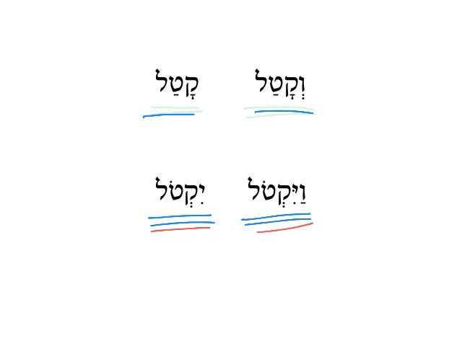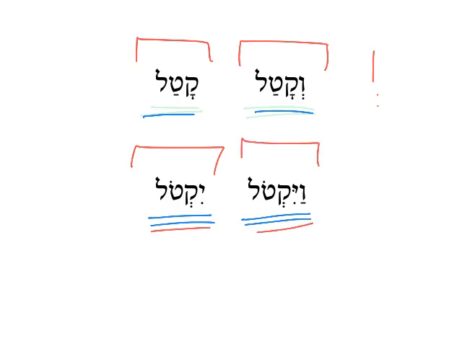And secondly, the nice part is the paradigms that we have to memorize for this verb form, the perfect, are exactly the same as the vav consecutive perfect, except we have to remember to put a vav shva on the front. And the same thing is true for when we learn the imperfect form. All of the vav consecutive imperfect forms are exactly the same, just with a vav, patach, yod stuck on the front.